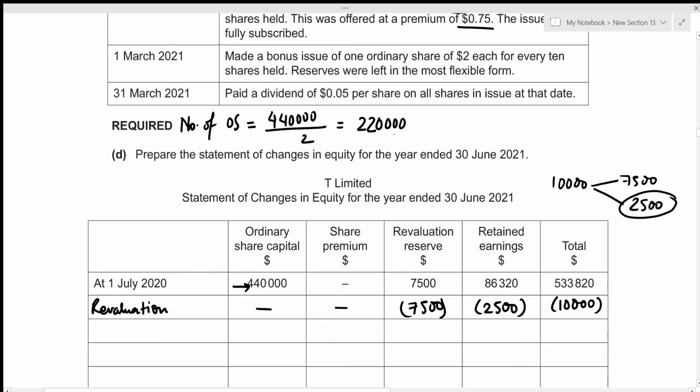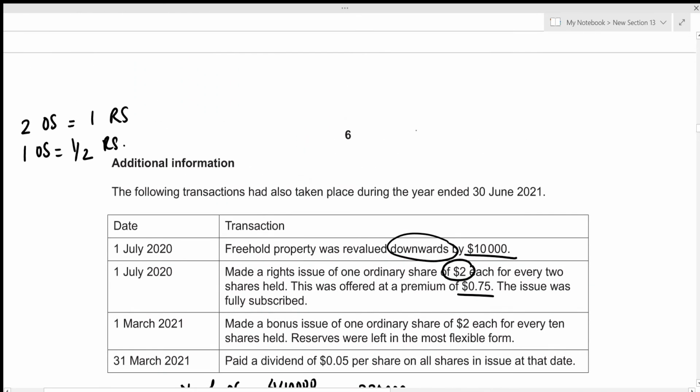So this is the number of shares in our company. So for 220,000 shares, we need to figure out how many right shares we issued. We gave out 220,000 times 1 by 2 right share, which is 110,000. So this is the number of right shares issued.